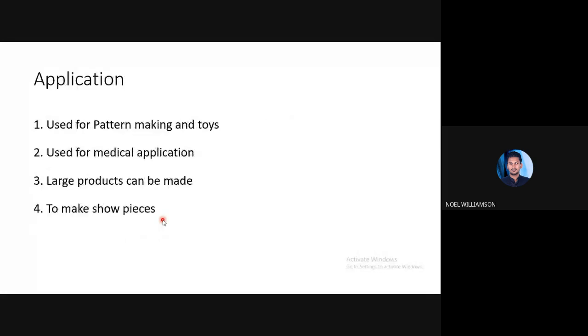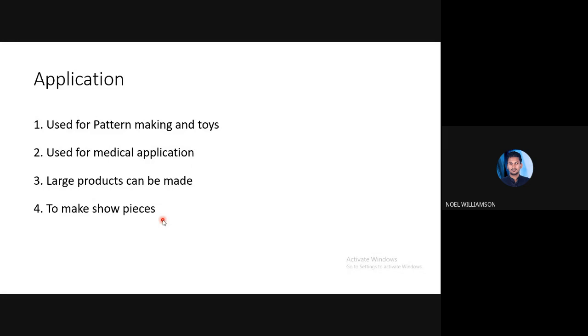Now, these are the applications where we can use laminated object manufacturing, mainly for pattern making. In the earlier cases also, we used it for pattern making. Usually the majority of products or machine mechanisms use pattern making.